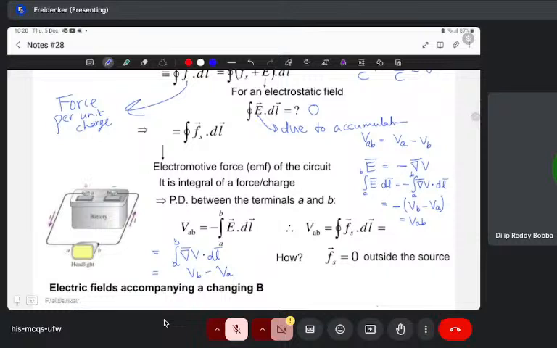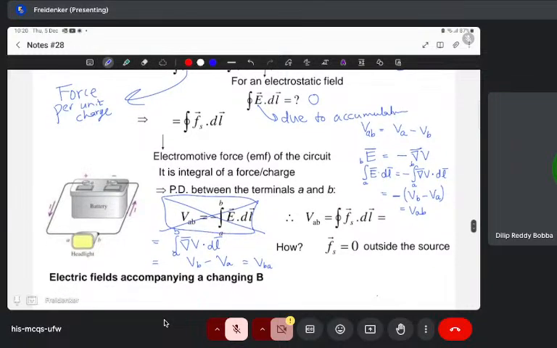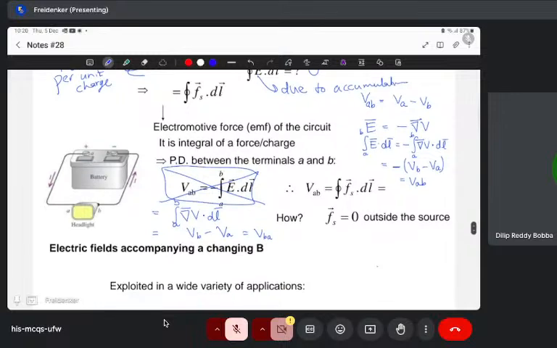But VB minus VA is VBA, not VAB. So I don't think this is right. We'll see later. But I don't think the minus sign should be there.